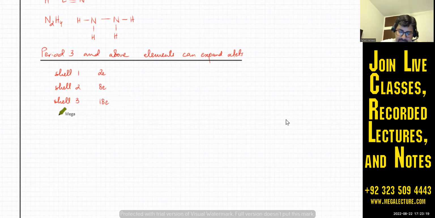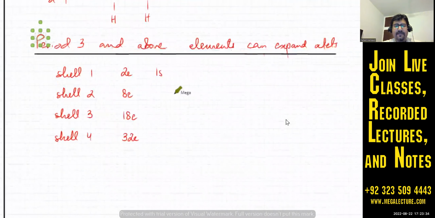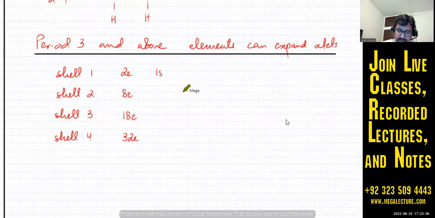And so on. Shell number 4 is even bigger in size. That's 32 electrons, right? The first shell only has the 1s subshell, 2 electrons maximum. The second shell has 2s and 2p subshells. So that's a maximum of 6 in 2p and 2 in 2s.